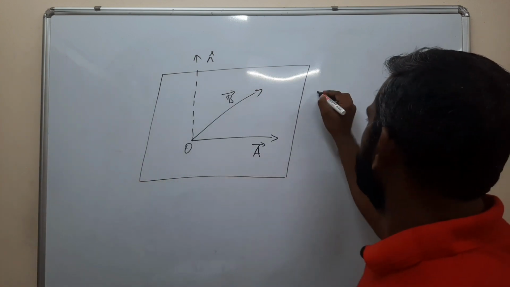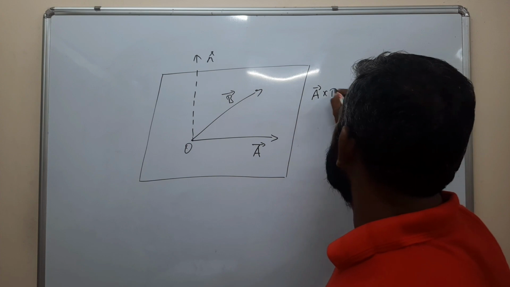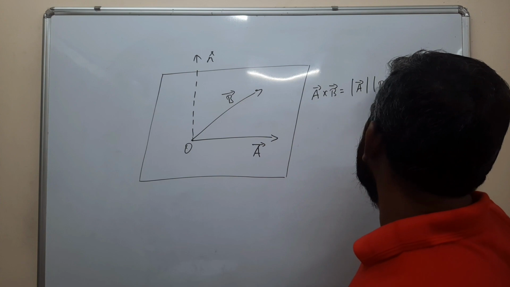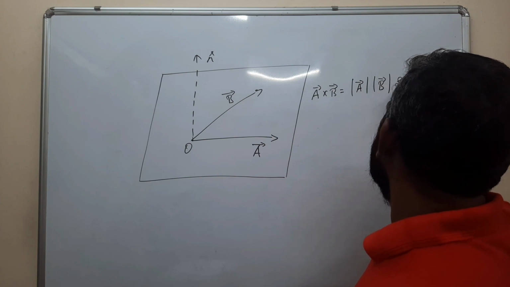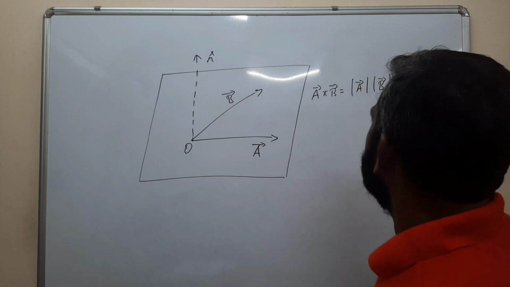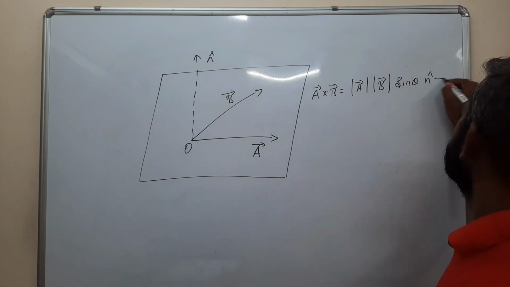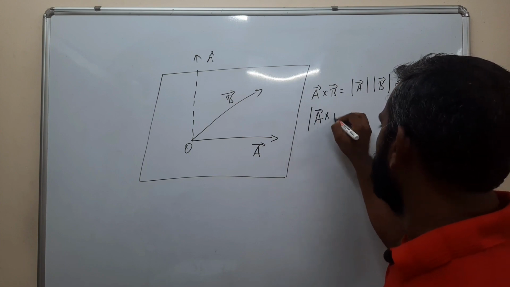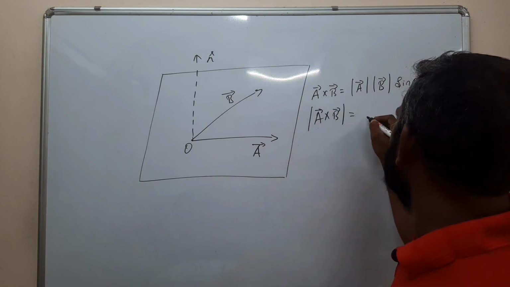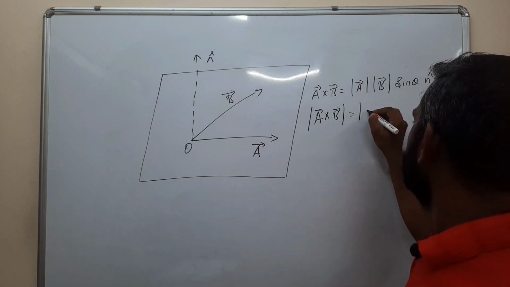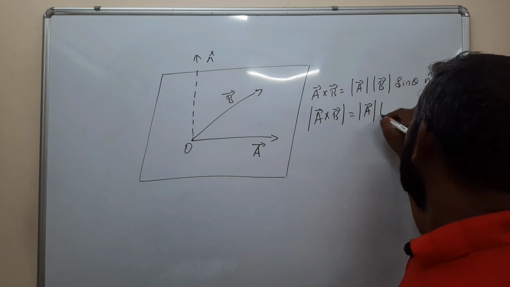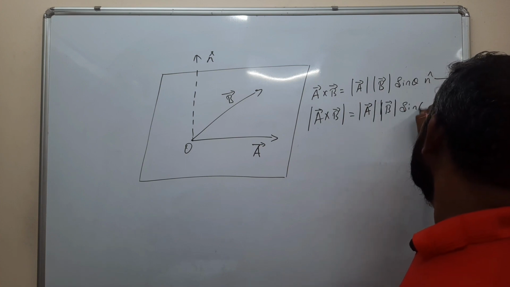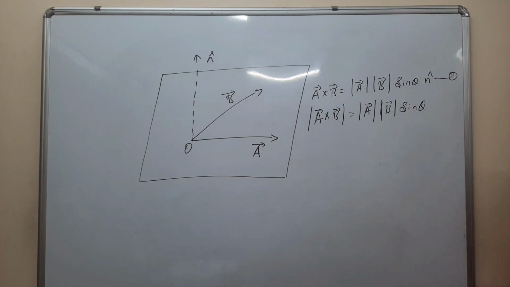We know a vector cross b vector is equal to modulus of a vector, modulus of b vector, sin theta into n cap. Take it as equation number 1. Modulus of a vector cross b vector is equal to modulus of a vector modulus of b vector into sin theta.